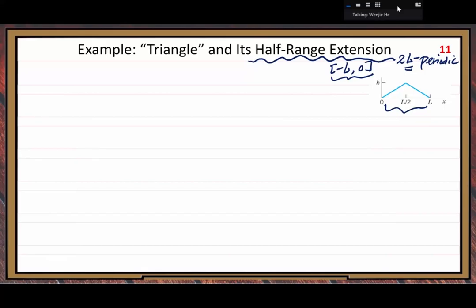When we make up the negative half, we have freedom to choose which way we want to use.